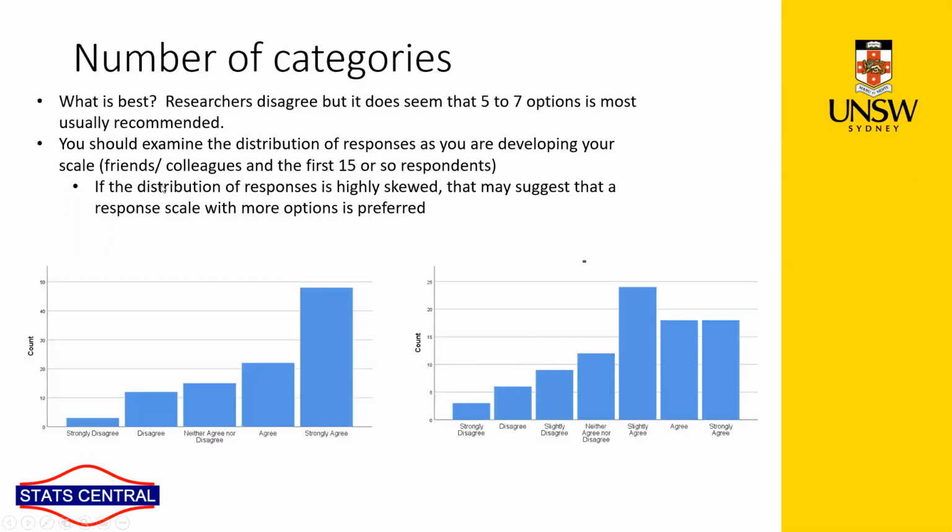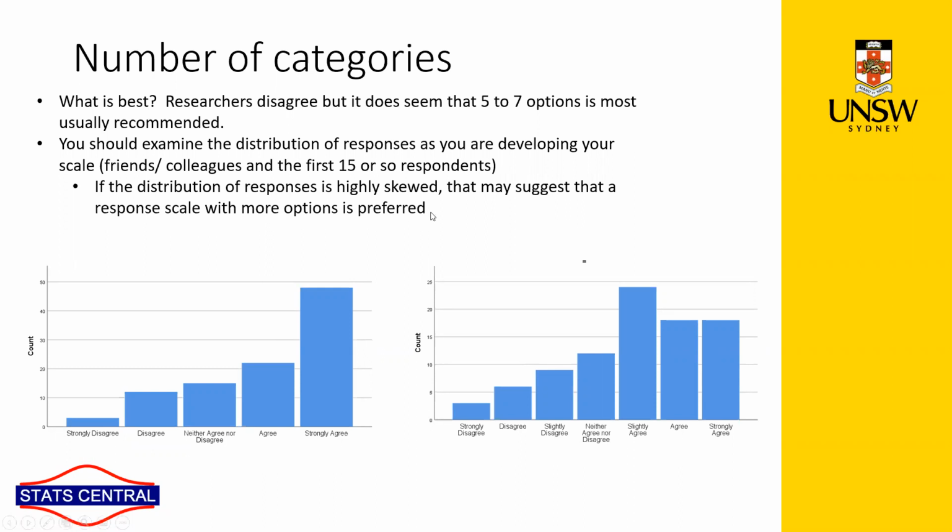One of the things that you should do as you're testing your items is look at response distributions for your Likert scales. If you have a highly skewed distribution and you've only got 5 options, it may be that there's not enough room for people who agree, like in this plot on the left, to differentiate between people who strongly agree versus moderately agree.